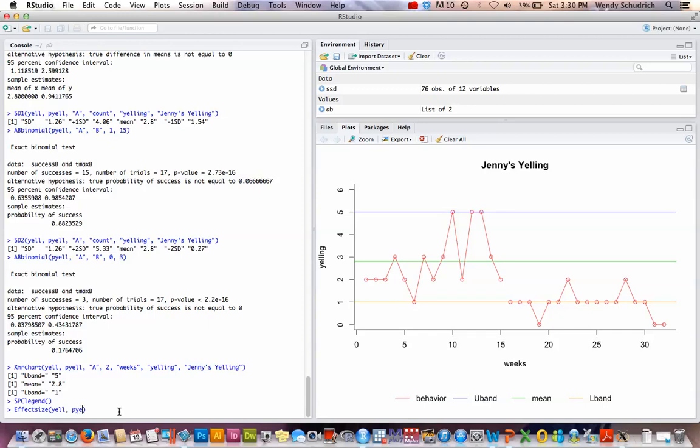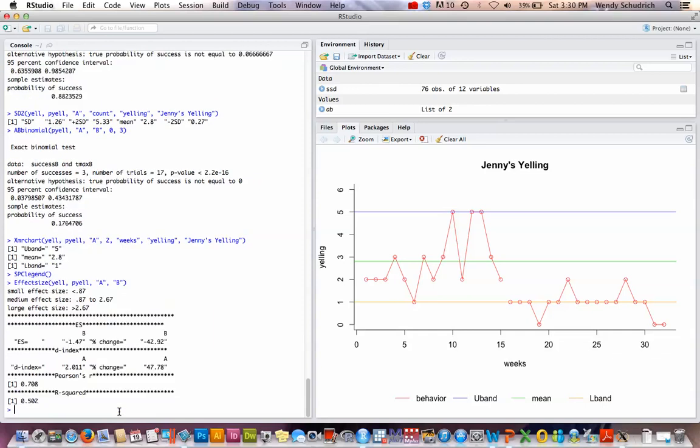The difference between the ES and the D is simply how you use the standard deviation. You're subtracting the intervention minus the baseline, and then dividing by the standard deviation of the baseline for the ES. But for the D index, you're using a pooled version of the standard deviation.